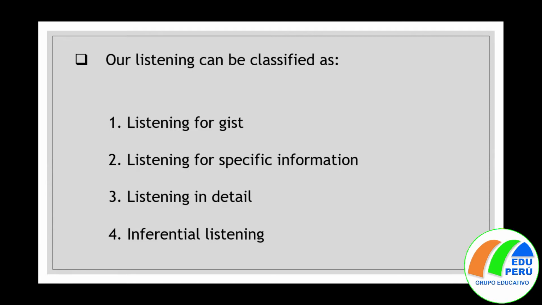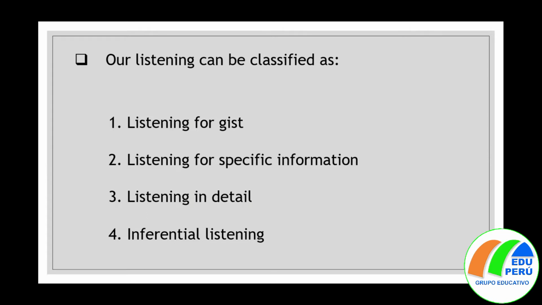The second one is the opposite. Listening for specific information, some pieces of information. If we compare to reading, what do we call this? When we read for specific information, we compare, to create a relationship, to understand better.